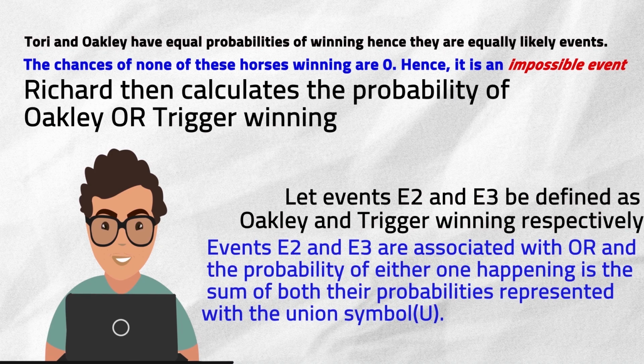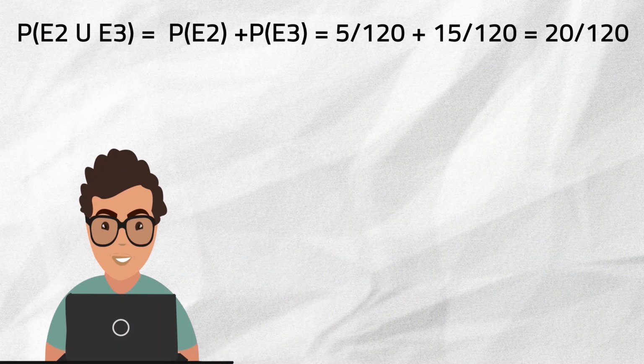Events E2 and E3 are associated with 'or', and the probability of either one happening is the sum of both their probabilities, represented with the union symbol. Probability of E2 union E3 is equal to the probability of E2 plus the probability of E3, which is equal to 5 upon 120 plus 15 upon 120, which is equal to 20 upon 120.